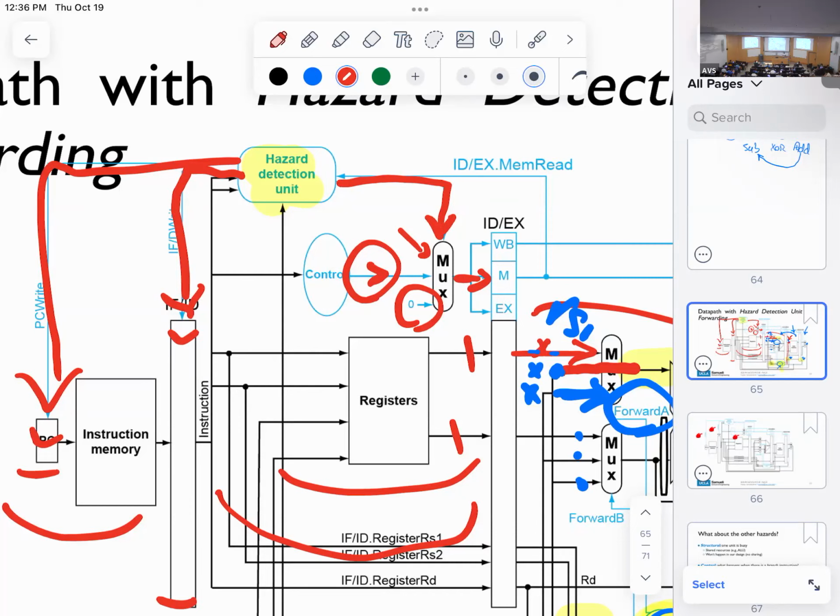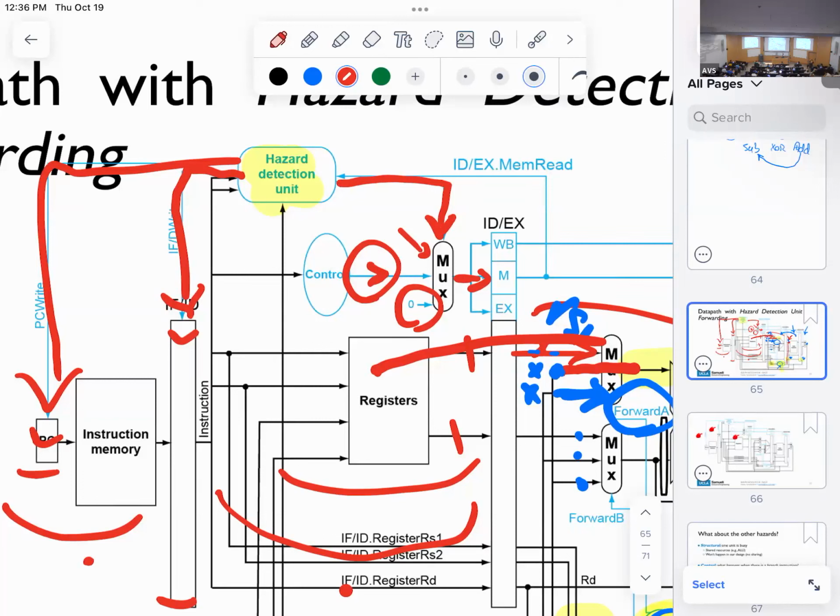Why is this the case? Because this means that this instruction and this instruction will not get updated. They stall until the processor decides that it no longer needs to stall. For load use, it's just 1 cycle. So essentially, we're telling these 2 control signals to stop for 1 cycle and then move forward regularly, okay?